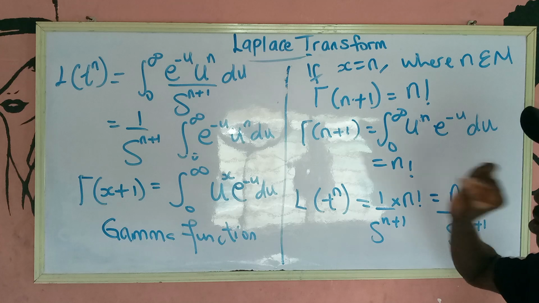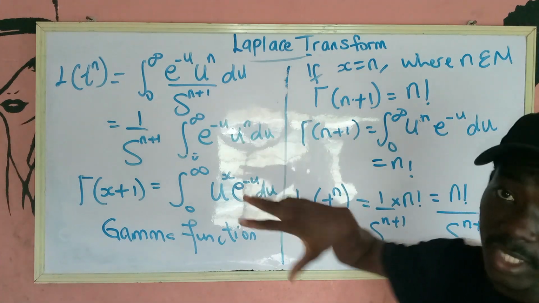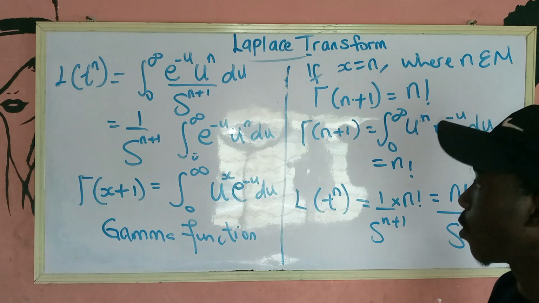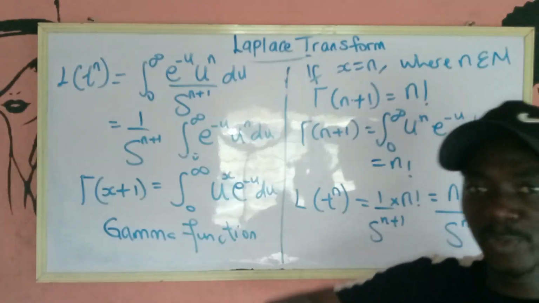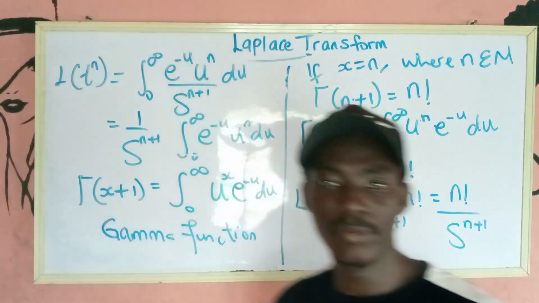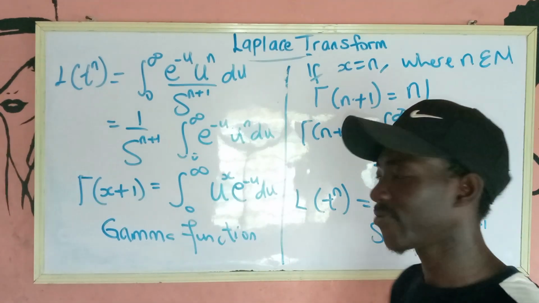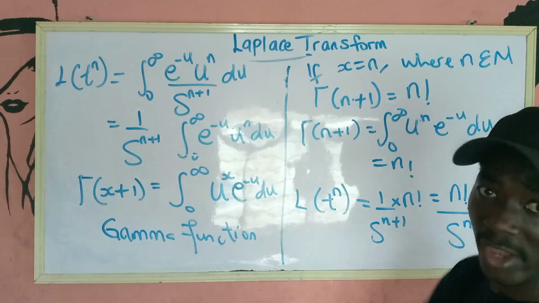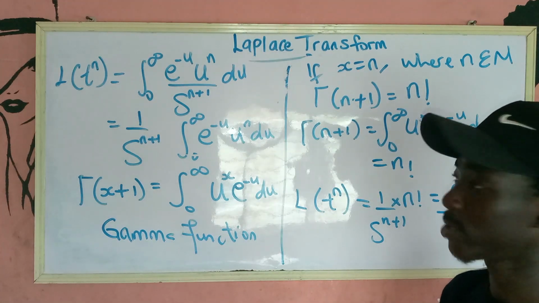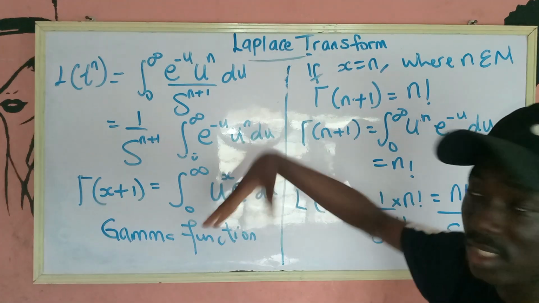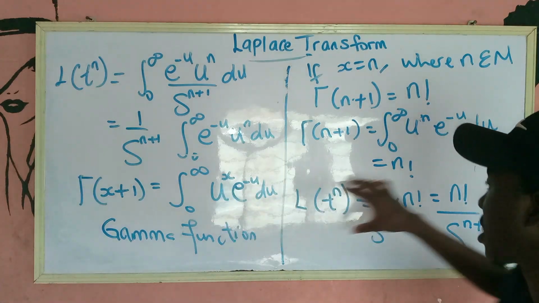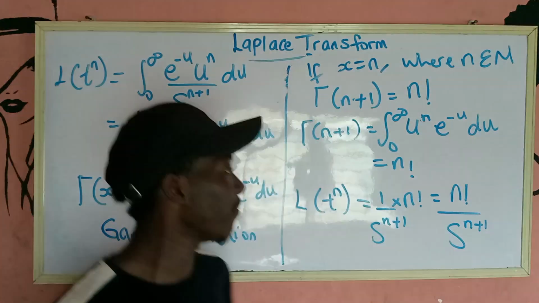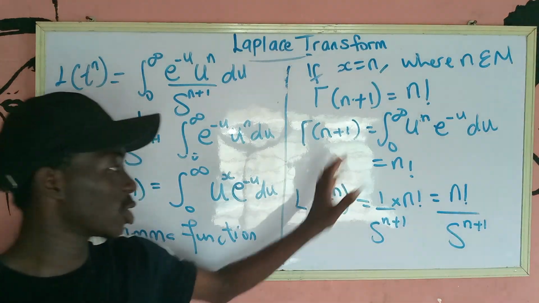The reason why I did this is because doing the integration is very tedious for raised to power n. Are you getting? Since it already appears as a special function in mathematics, I don't have to stress myself over it. I'll just take the value. Since you are smart, you have to put this in a smart way. So I just changed this to n factorial, and that would be my transform of t raised to power n.